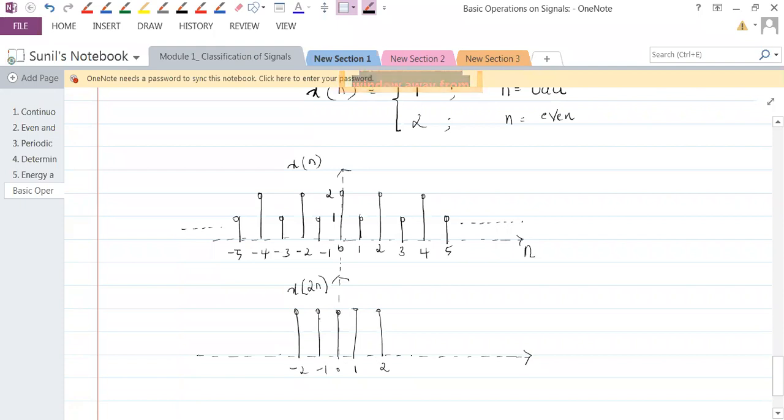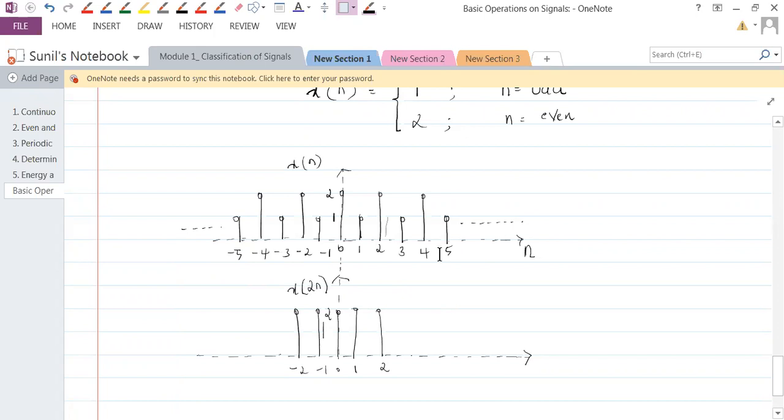So now you have samples which were all existing at even numbered n's before scaling, but now after scaling, we have lost the samples at odd instants of time, and we have only retained the samples at even instants of time. The sample at 2 came at 1, the sample at 4 came at 2, the sample at -2 came at -1, the sample at -4 came at -2. Understand that? So all odd numbered samples have vanished.